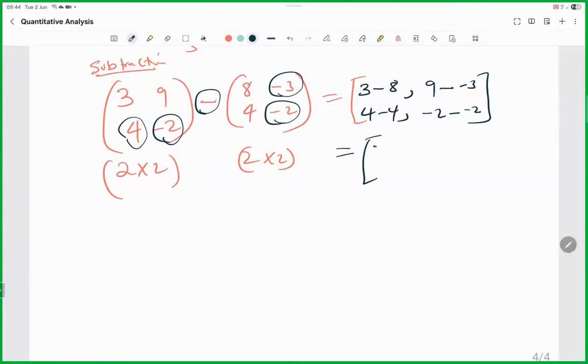So this is minus 5. This is 9 minus minus 3. Minus minus 3 gives 12. We have 4 minus 4 is 0.